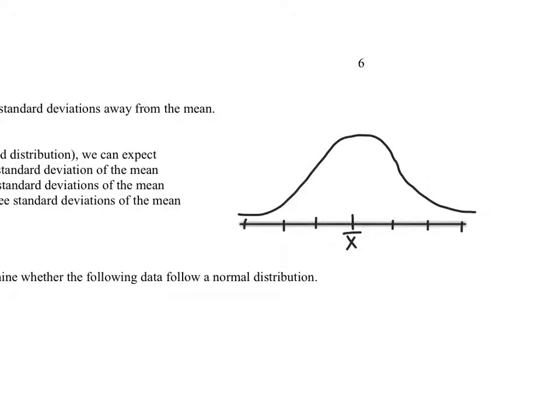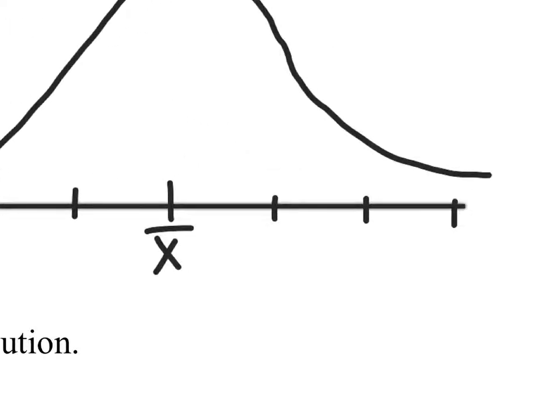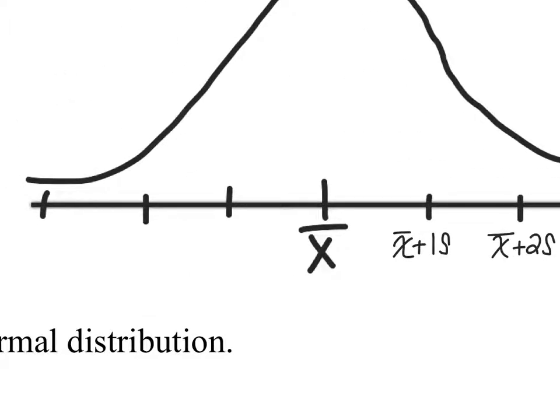We're going to increase the mean in increments related to the standard deviation. So x-bar plus 1s, x-bar plus 2s, x-bar plus 3s, and we'll do the same thing in the opposite direction, just with minuses. So x-bar minus 1s, and so on.